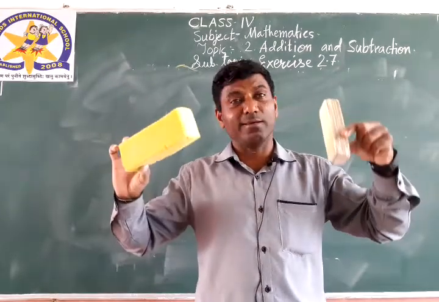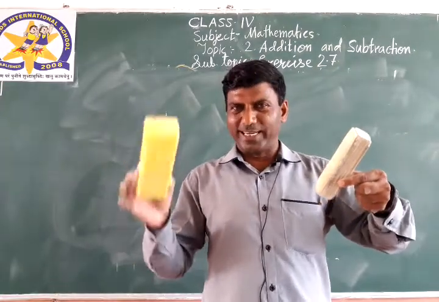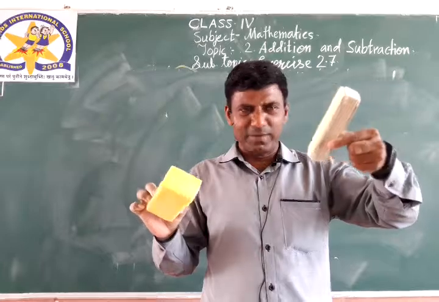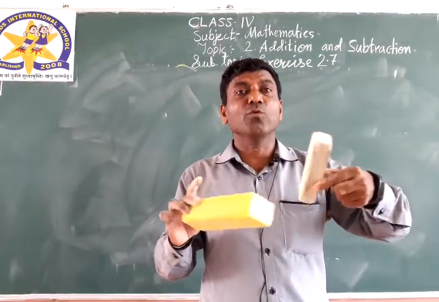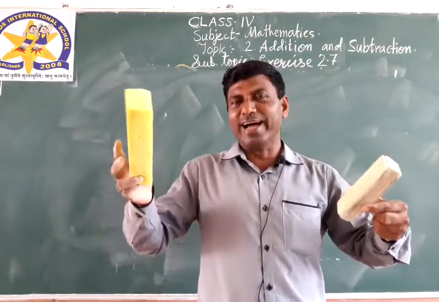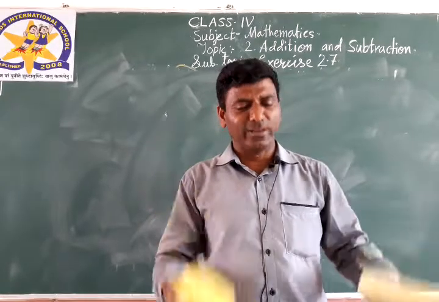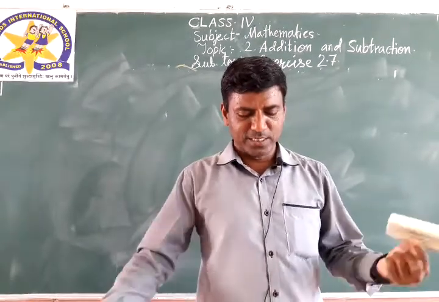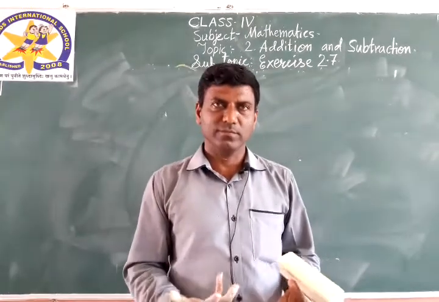In that time what do you have to do? The duster's price is 10 rupees, the sponge's price is 8 rupees. 10 minus 8, subtraction, 2. So by 2 rupees the cost of the duster is more than the sponge. Likewise, the same you have to find out, subtract, and whichever answer comes, you can write.